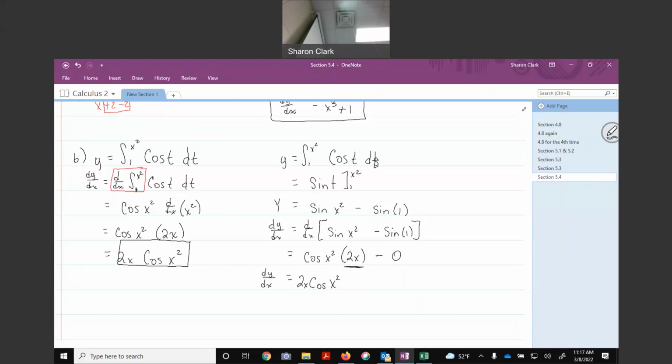Because then you have x and t. And that's where we get the 2x from. We're doing the dt part, the derivative with respect to what we plugged in. Because we started off with y and t and we plugged in x. We replaced t with x.